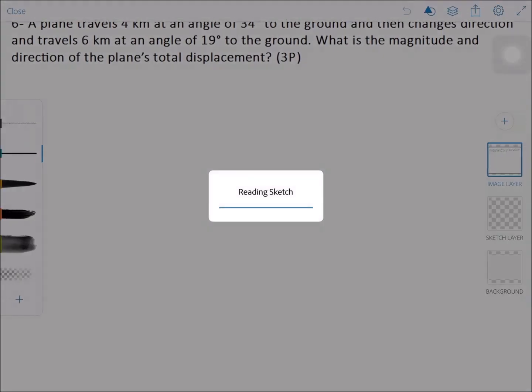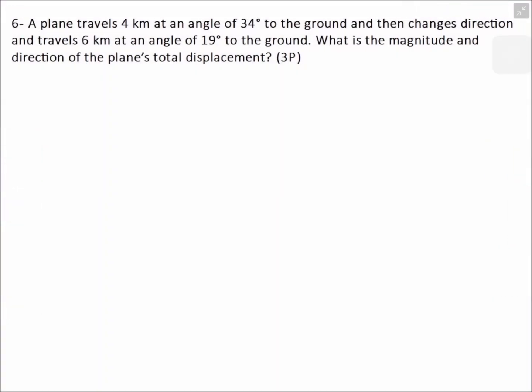And the last question might take a bit longer. I have to draw it first. If you want to draw it, you can draw it by yourself. We have two vectors. The first vector makes an angle of 34 degrees, and the second vector makes an angle of 19 degrees, and this is 4 kilometers, this is 6 kilometers.